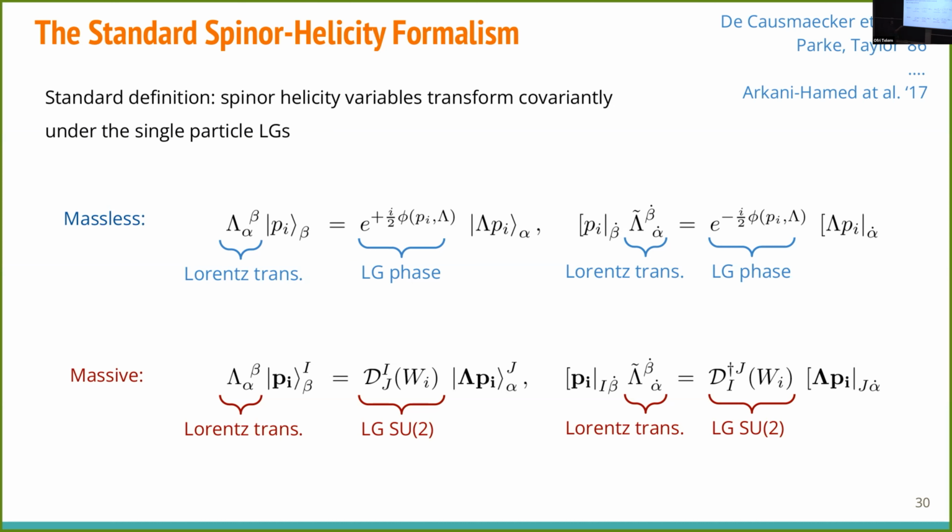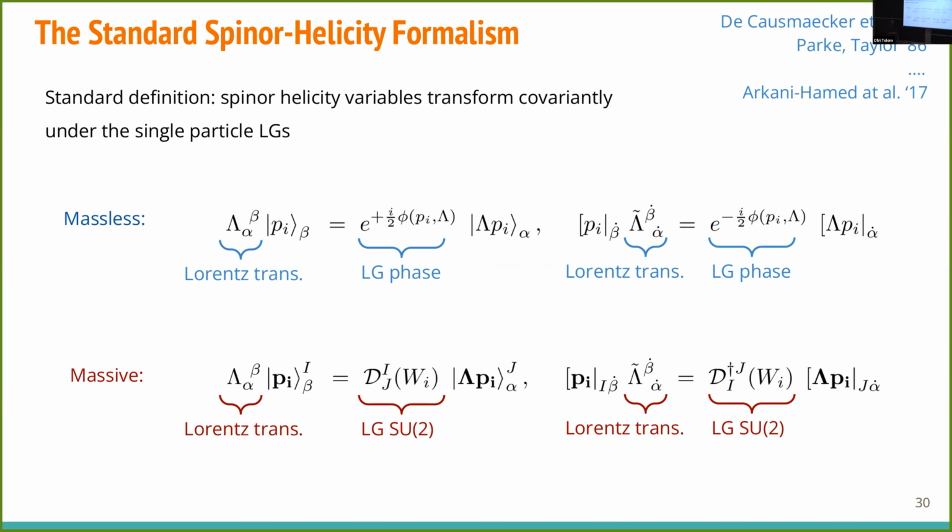So here, this is essentially transforming like a helicity plus half, and this is transforming like a helicity minus half. And these have the same massive little group factors as the quantum states.